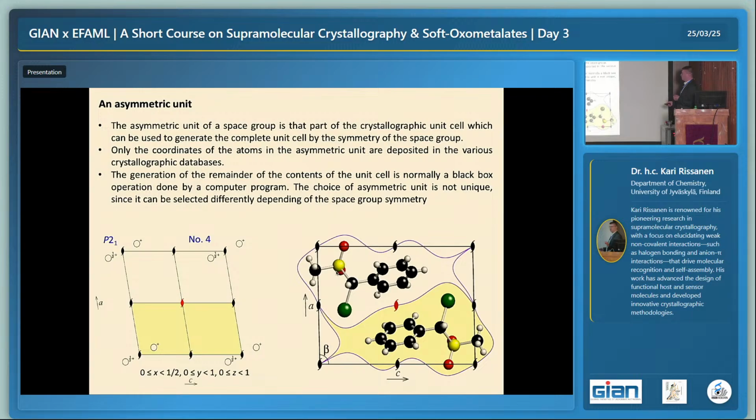But you could imagine that there would be 4 molecules in there. And if there were a 4-fold symmetry, then the asymmetric unit would be 1/4 of the unit cell. So this means that we don't have to determine all the atoms in the unit cell. We determine only those which are in the asymmetric unit.